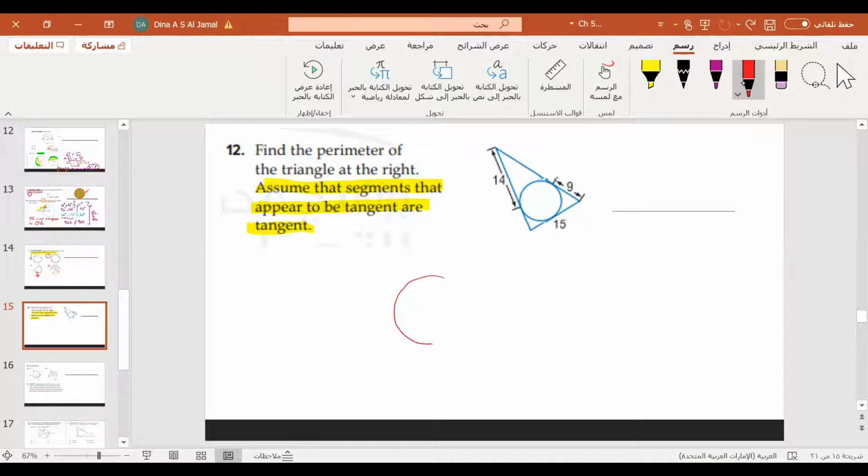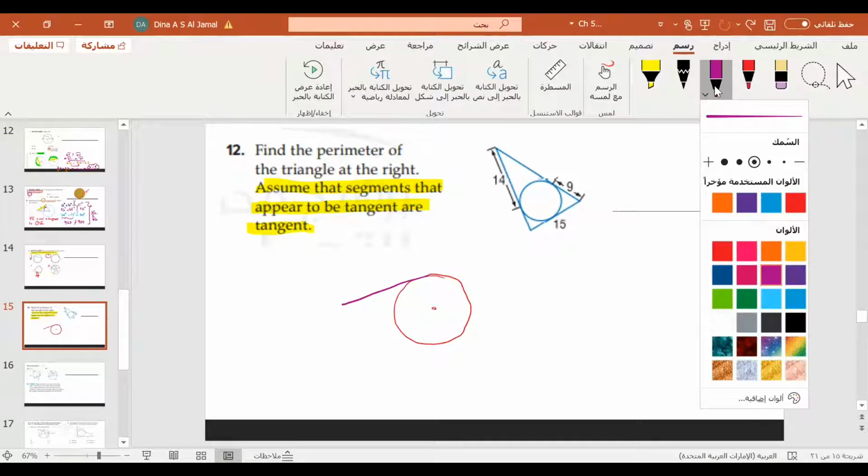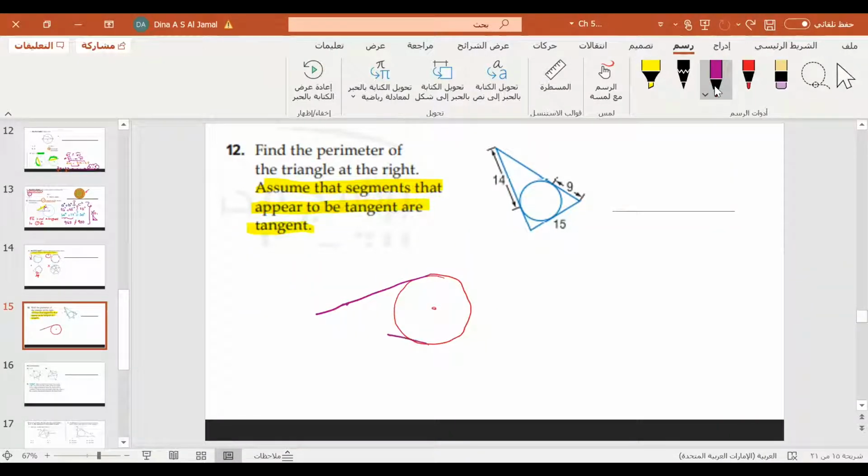That will be helping you because we are having our theorem. Whenever you are having a circle and you are having two tangents here, that means it will be having a tangent on each side. So let's draw this tangent. And whenever you are having an external point here, these tangents are congruent to each other. So this will be helping you to solve this question and to find the perimeter.